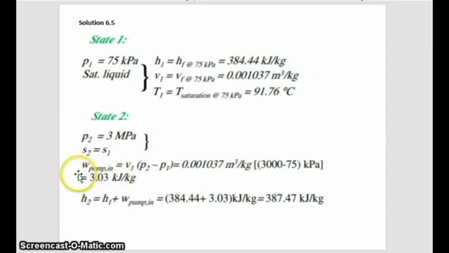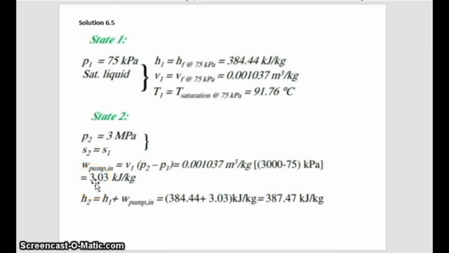Using the pump work equation, which is equal to v1 delta P, v1 is 0.001037. You can get this value in the properties table at pressure 3 megapascal. P2 is given, T1 has also been given, so you get the pump work.